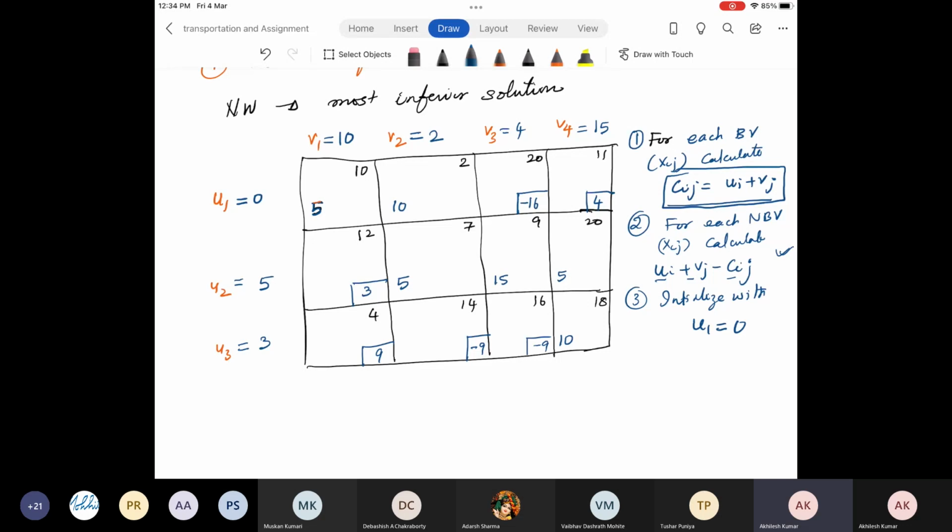So for the basic variables, we have found the ui and vj. For the non-basic variables, we have found ui plus vj minus cij. Now we'll do the optimality check.